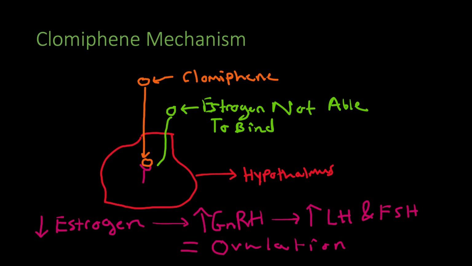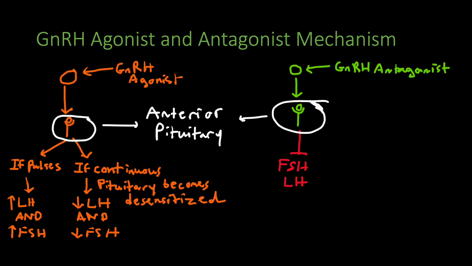So you're not going to see estrogen being able to bind to that receptor because it's blocking it from binding there. And so what happens is the estrogen will decrease. So that's going to increase the GnRH and increase the LH and the FSH, leading to ovulation.